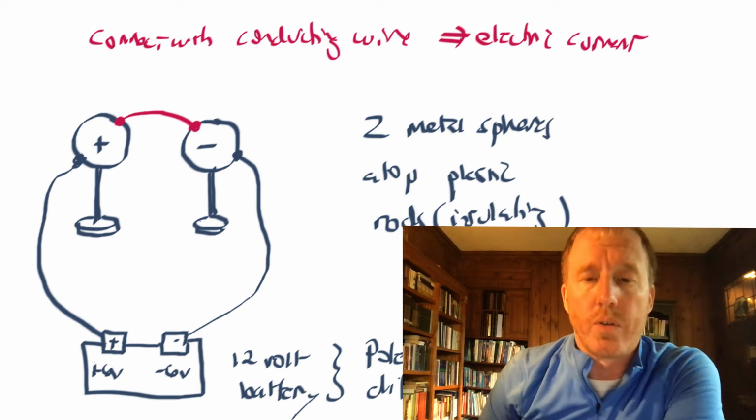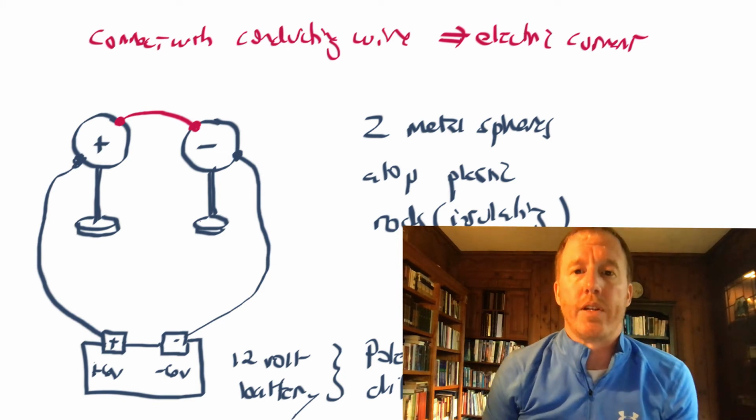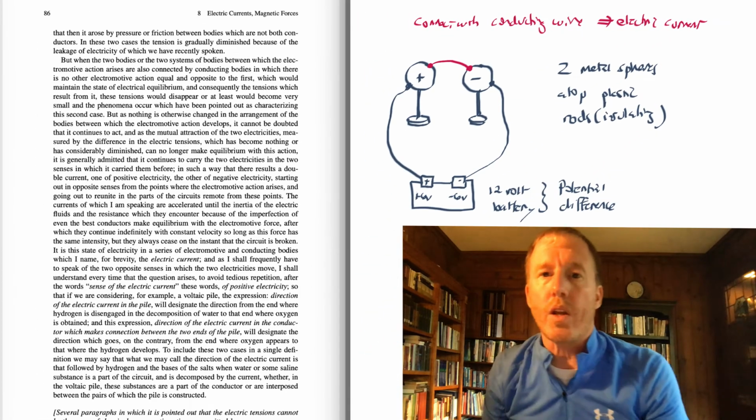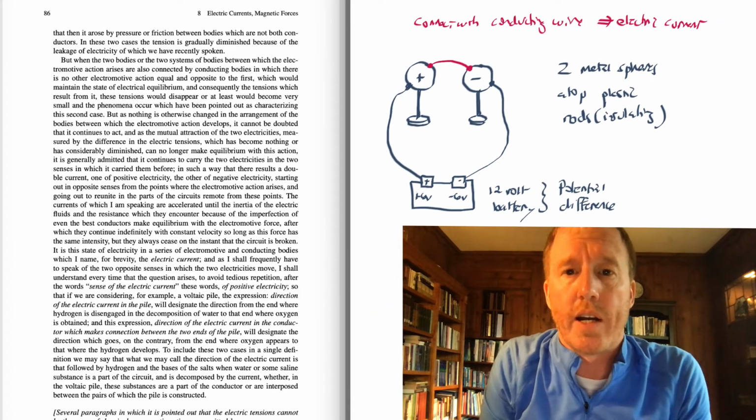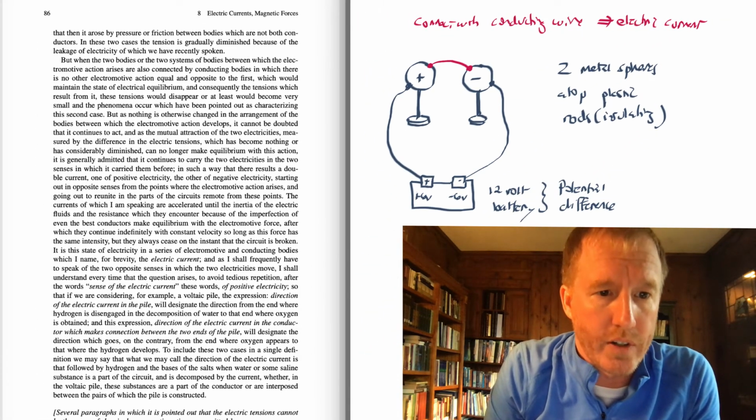Okay, so there he's simply saying that you have this flow of electricities from the positive to the negative sphere and from the negative to the positive sphere.